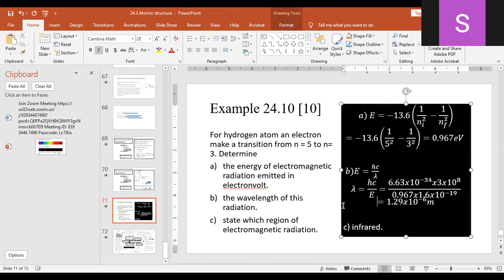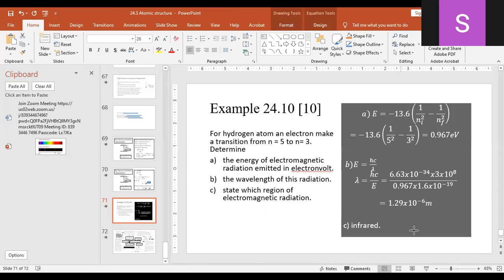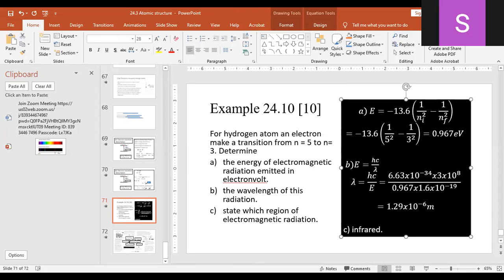Okay, good. Which region of the electromagnetic spectrum? Infrared. Okay, infrared, good.